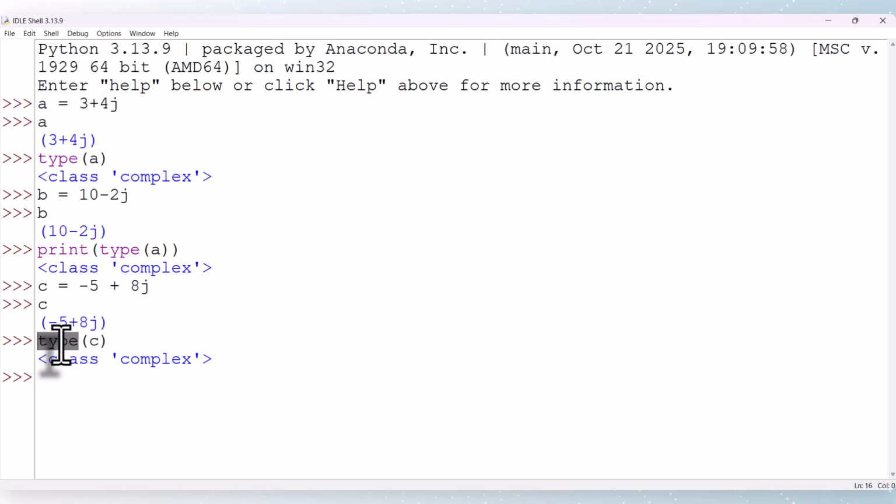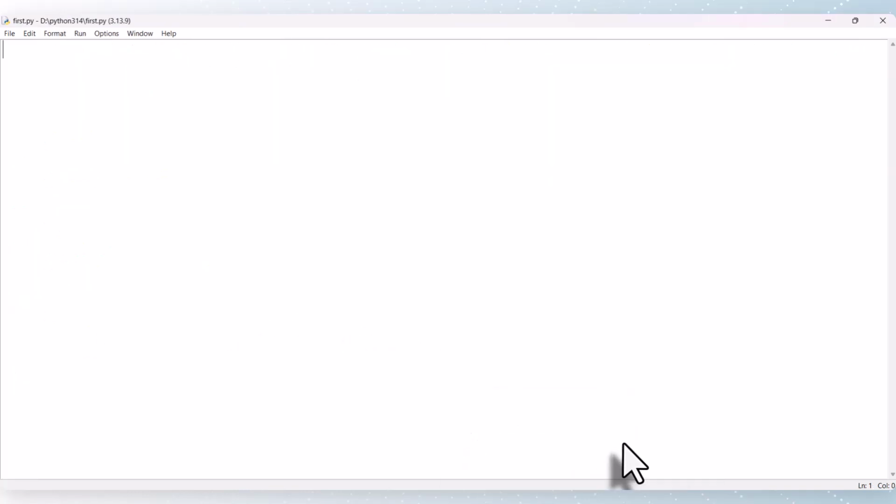Now you can even perform the addition of complex numbers. Let's take a new file here. I am taking a equal to 3 plus 4j, b equal to 2 plus 5j. I have two complex numbers like this. Result equal to a plus b. You can do the addition between these complex numbers, print of result.